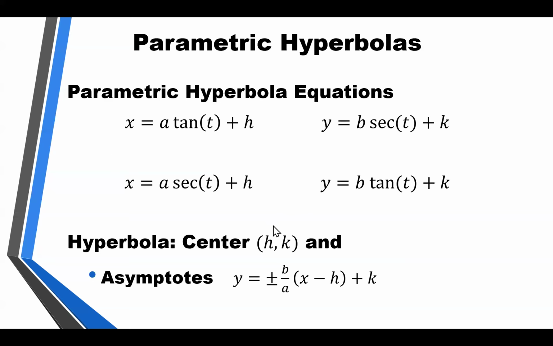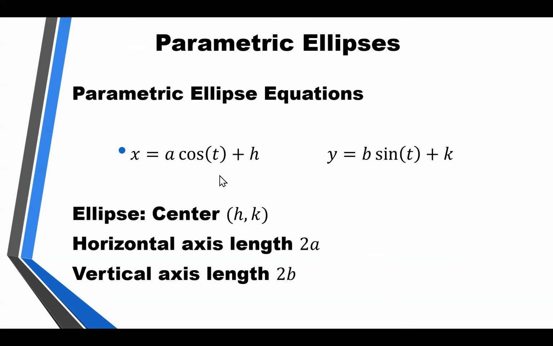And this is a hyperbola with center (h, k), and turns out has asymptotes, since I used the b with the y both times, has asymptotes with slope b over a and negative b over a. So the secant tangent parametrics gives us hyperbolas. Cosine sine parametric equations gave us ellipses.